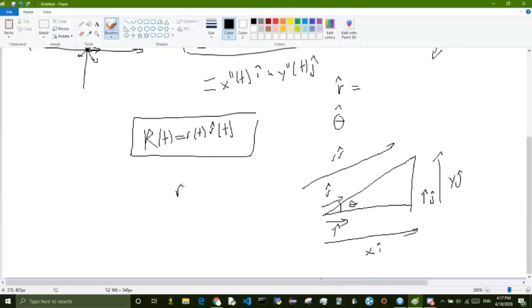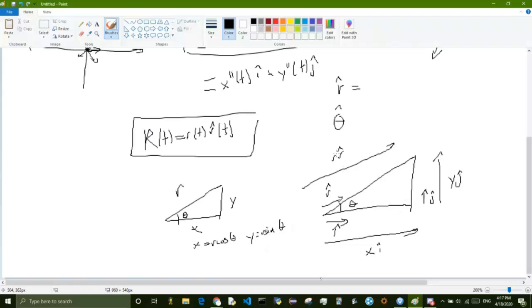We end up with a triangle with sides r, y, and x, because we simply want the magnitude so we can stick it in front of i hat, and the magnitude we can stick in front of j hat. And from this, we simply see that x equals r cosine theta, and y equals r sine theta, by simple trigonometry, right?